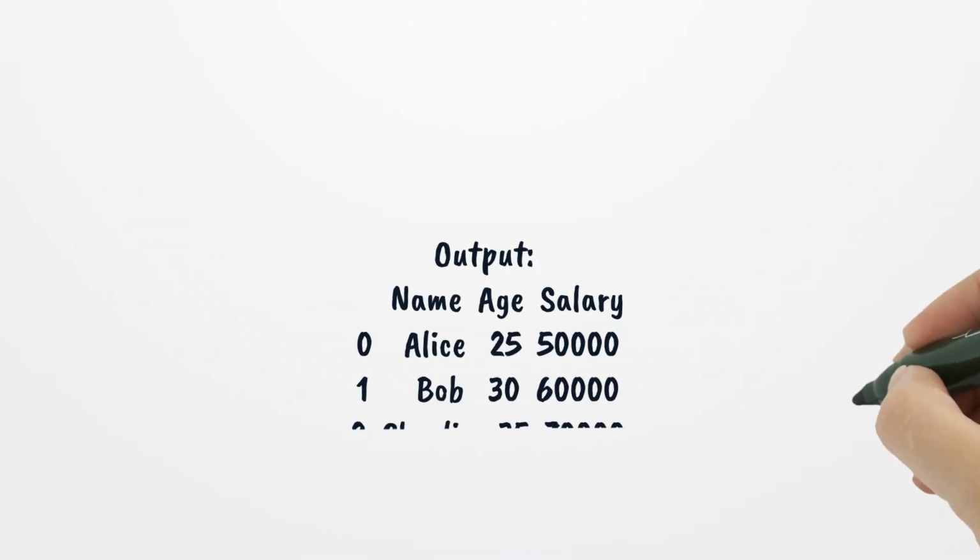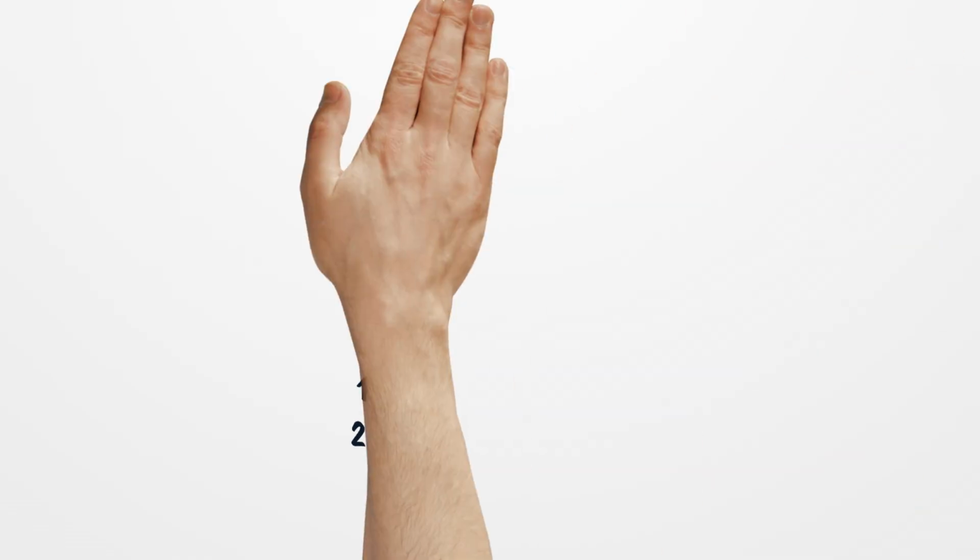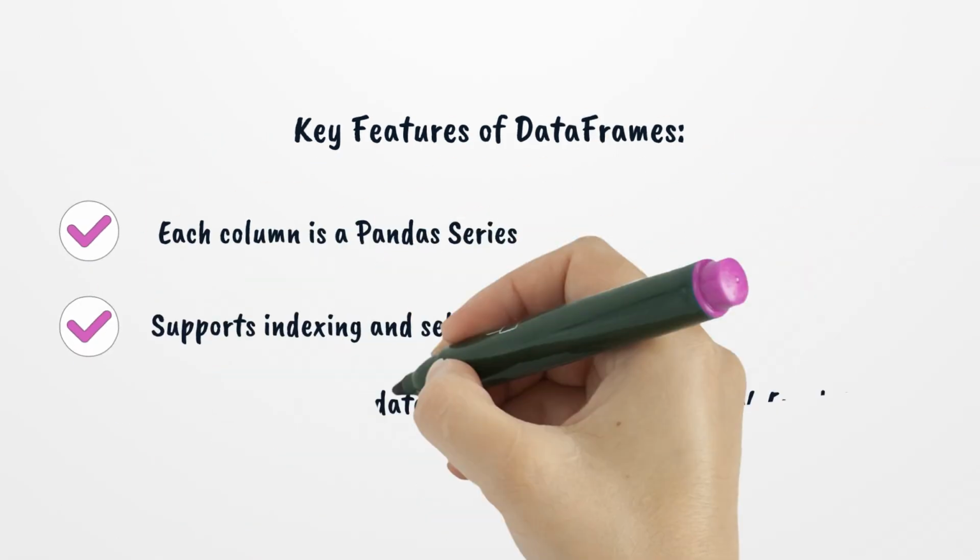Output: name, age, salary. 0 Alice 25 50,000. 1 Bob 30 60,000. 2 Charlie 35 70,000.